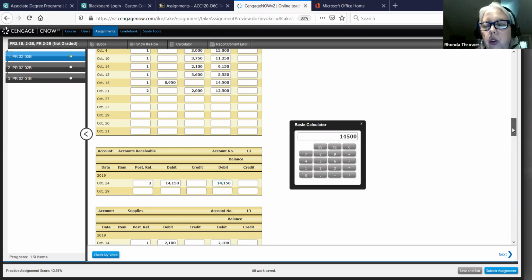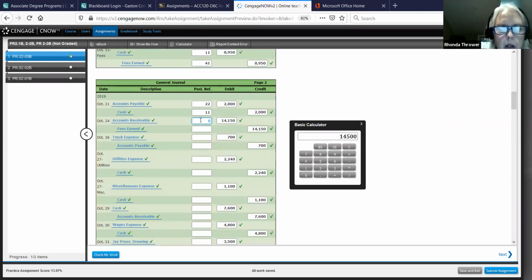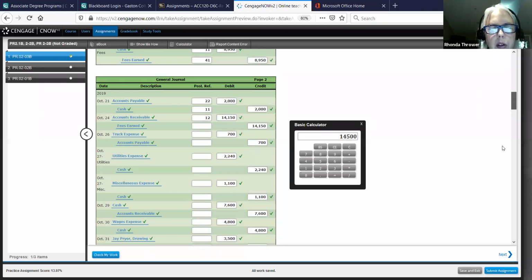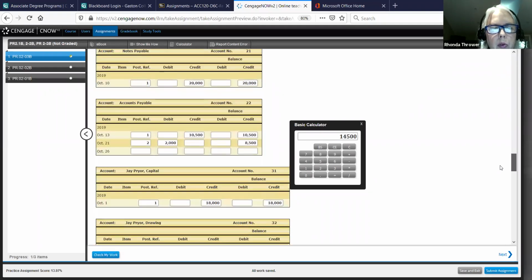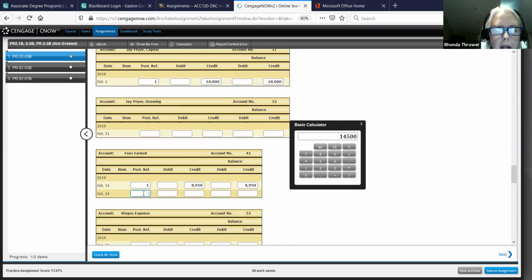Pick up your 1-2. Put it here. For your fees earned, we're going to credit it for $14,150. So I'm going to look in my ledger for fees earned. I'm going to put the page number down this time of 2.